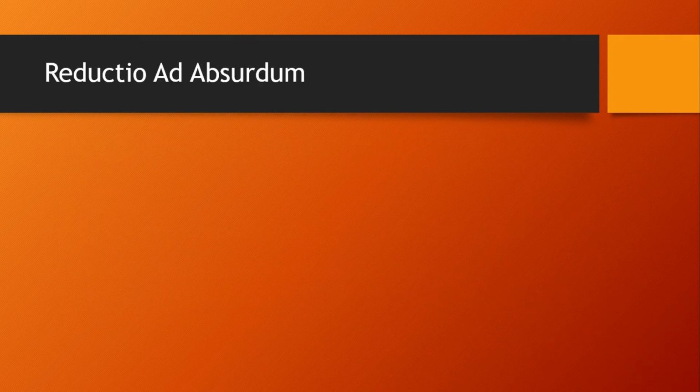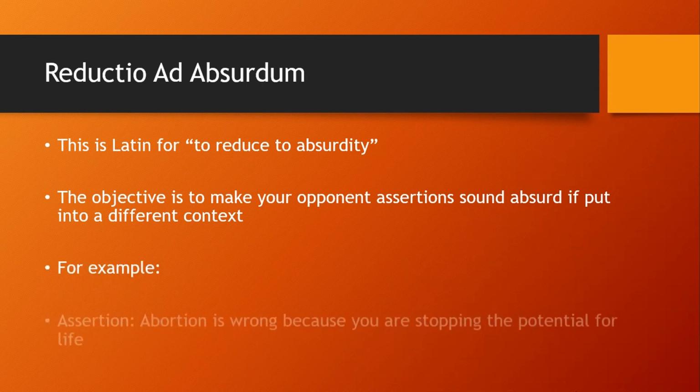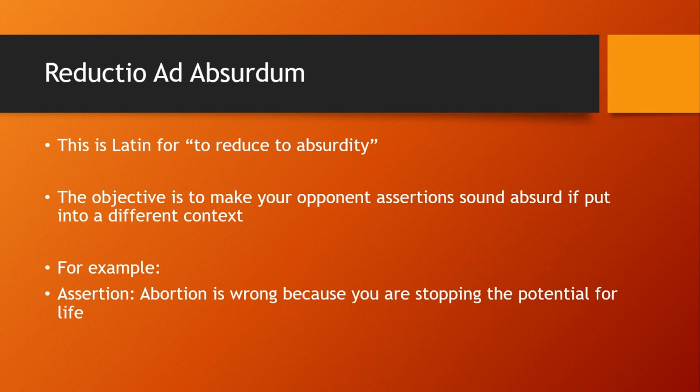All right, the third one is Reductio Ad Absurdum. This is Latin for reduce to absurdity. What that means is that your objective is to make your opponent's assertions sound absurd by putting them in a different context. An example of an assertion would be: abortion is wrong because you are stopping the potential for life.